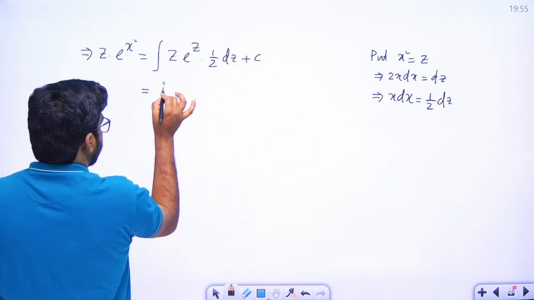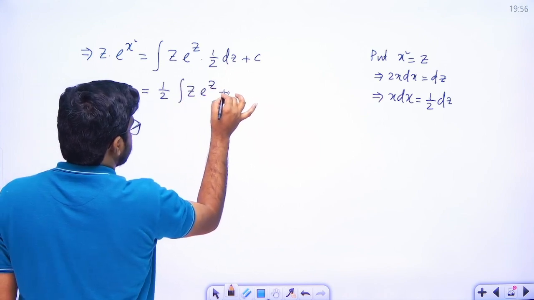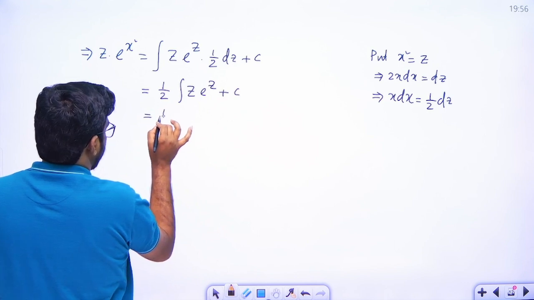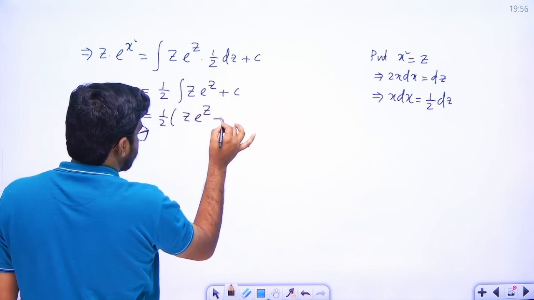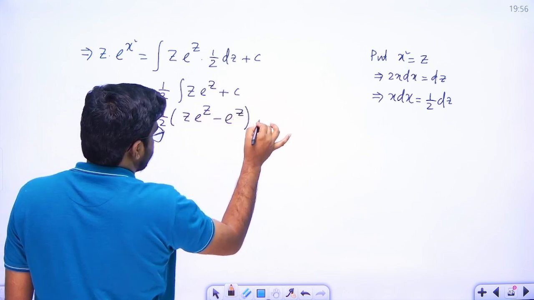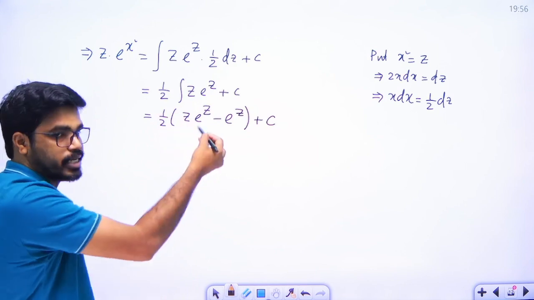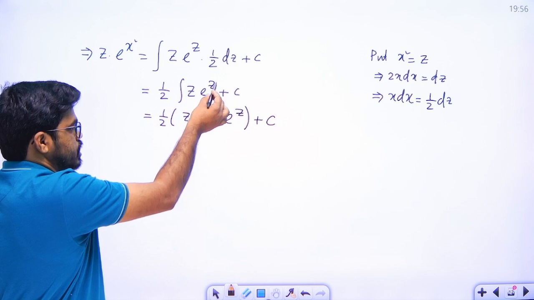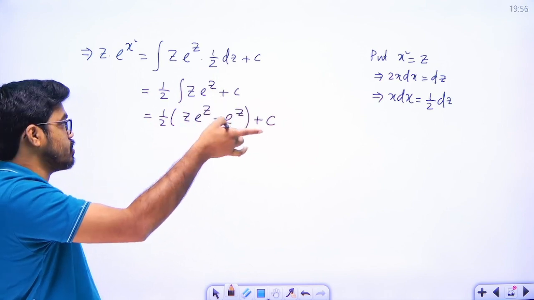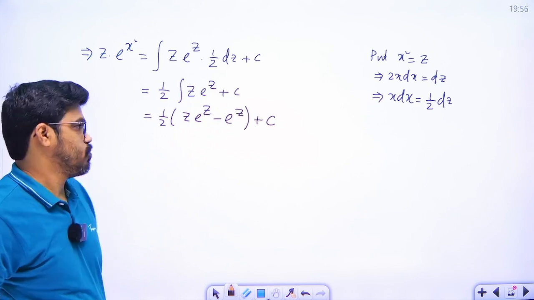So ultimately what do we get? 1/2 integration of z e to the power z plus c. Integrating this, what do we get? z e to the power z minus e to the power z. Integration of z e to the power z: first function, second function, first function into integration of second minus integration of d/dx of first into integration of second. Just apply it, you get z e to the power z minus e to the power z.